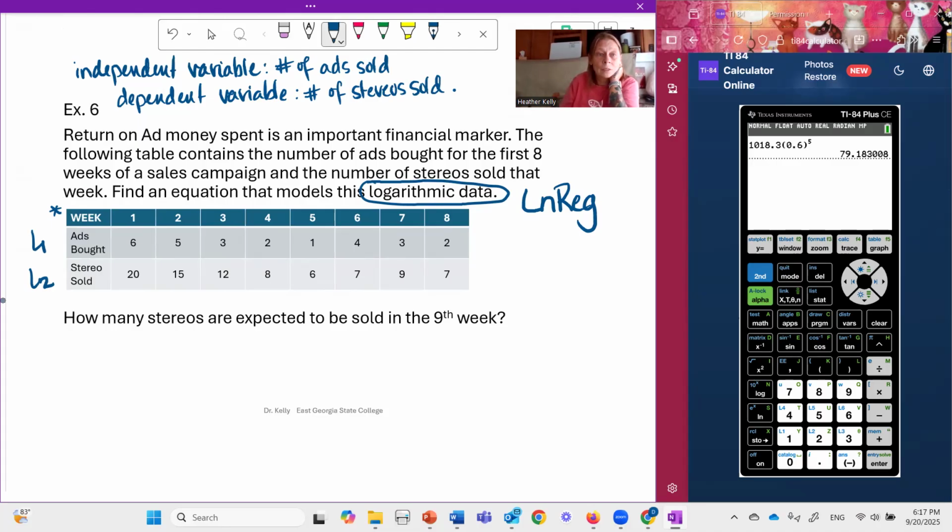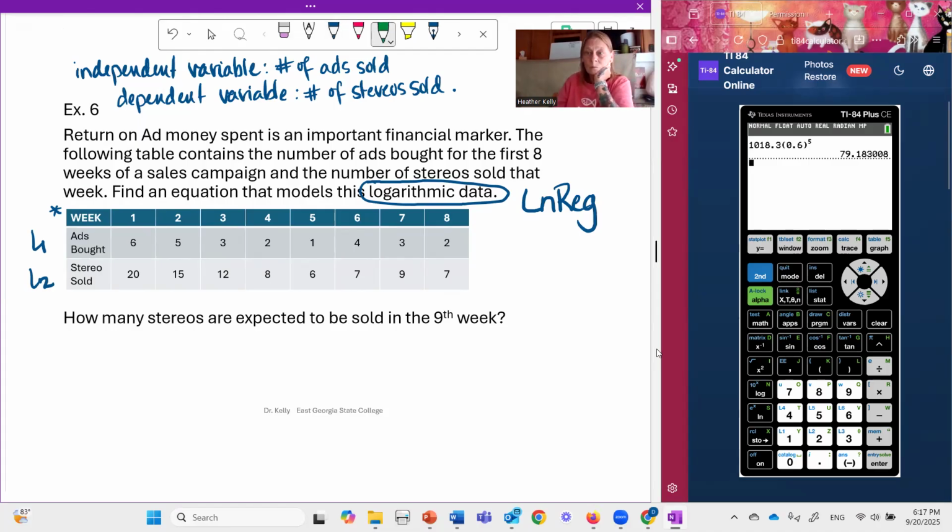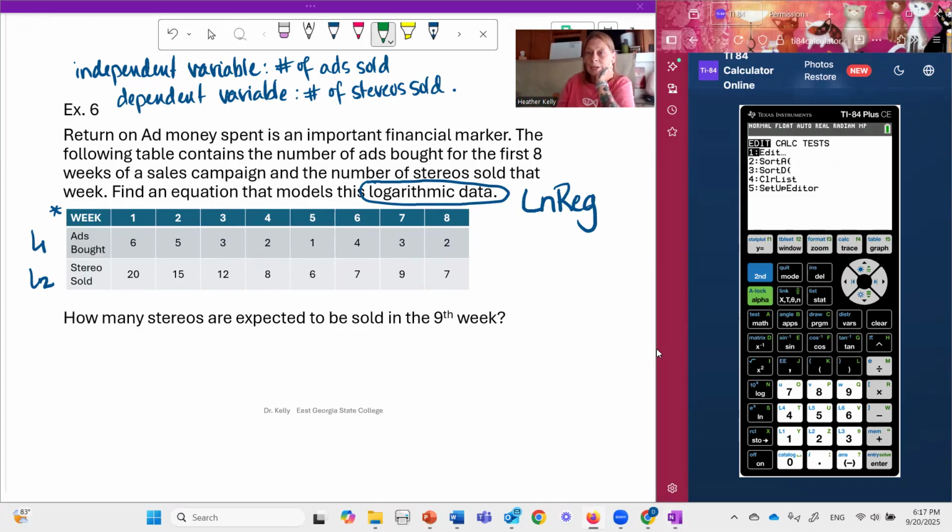Okay, so let's get to it here. Let's get here on our stat, enter. Clear it out. Let's get our things here.